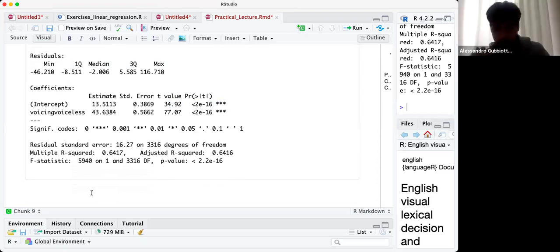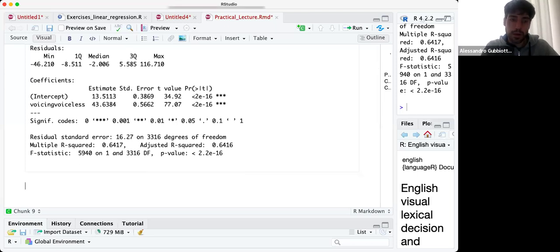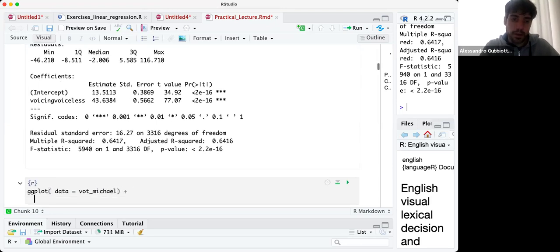So now a little bit of comment on this. What are we doing? We are trying to predict the vocal onset time. In this case, it's very easy because we can plot it. The data is the vocal onset time of Michel, and we can plot the points.